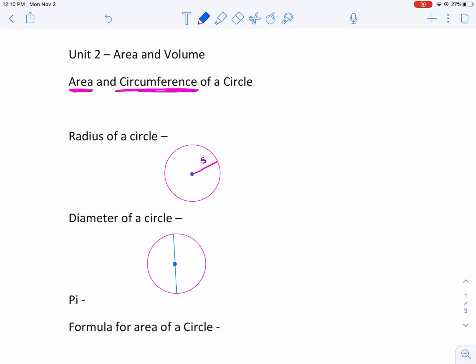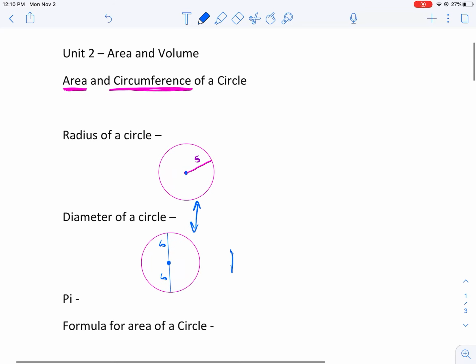Now this one measures from one side of the circle to the other, and if the radius was 5 in our last circle, then this length would be 10, and so the diameter is equal to twice the radius.